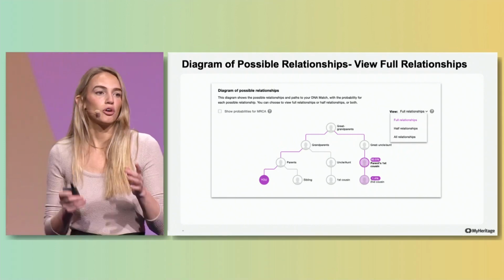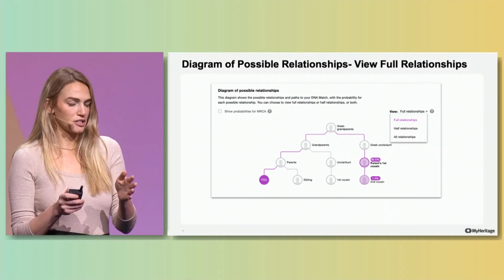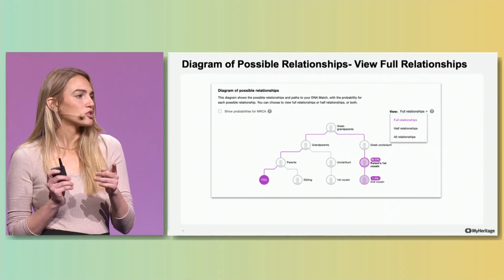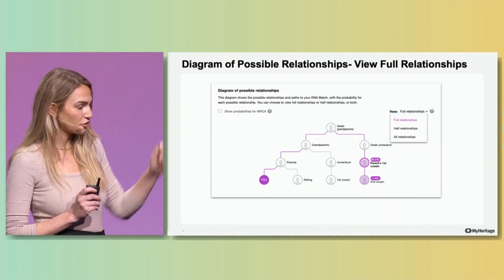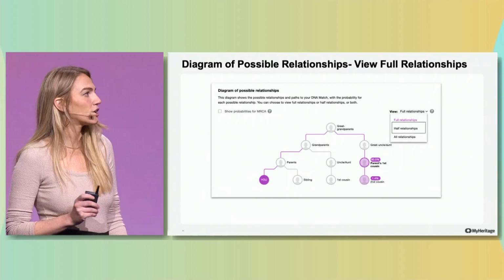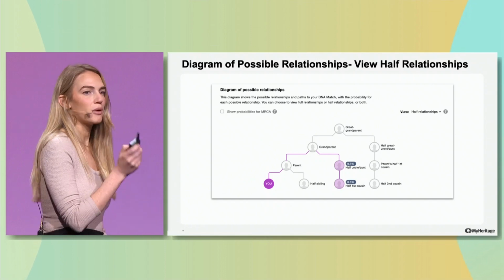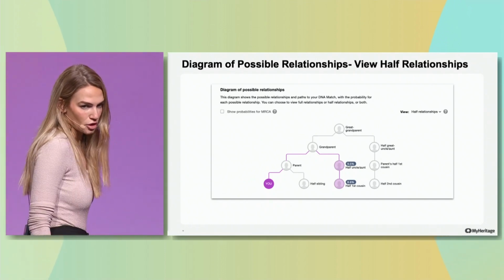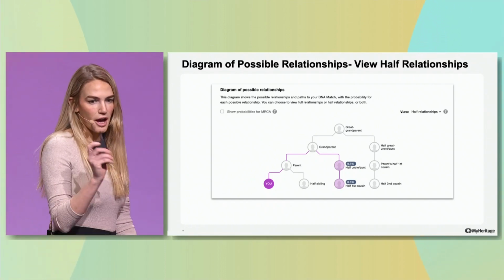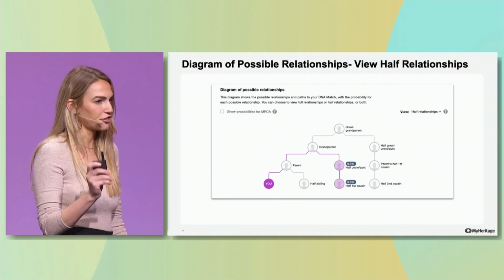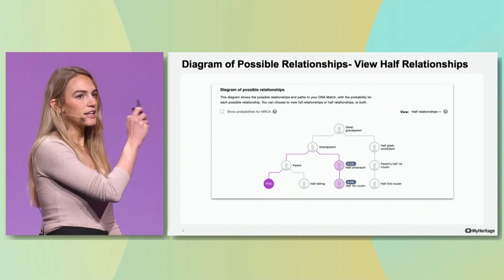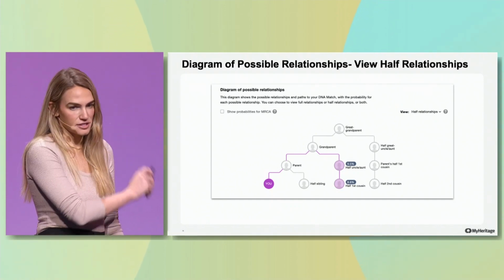So you'll be able to focus the research question, and you will be able to also switch the view. So now I'm viewing the full relationship. When I click on half relationship in the diagram viewer, the diagram will show me the possible half relationship. So you can see I have a possible relationship of half uncle or half first cousin. And the ancestor is, again, a single ancestor.